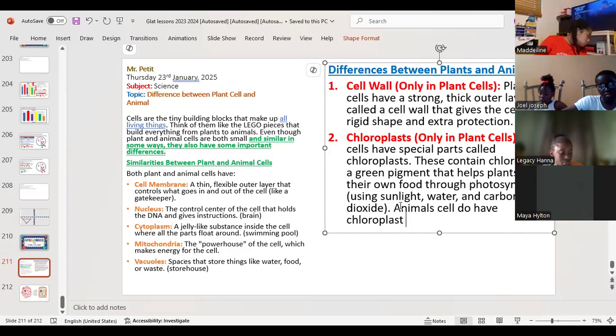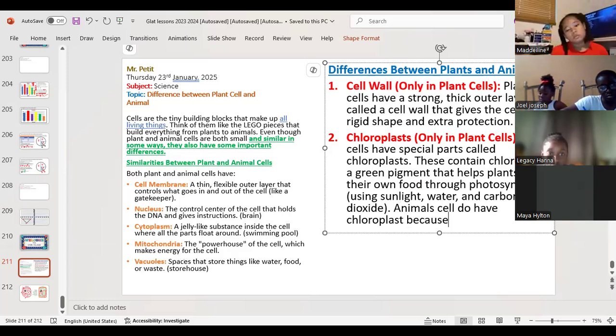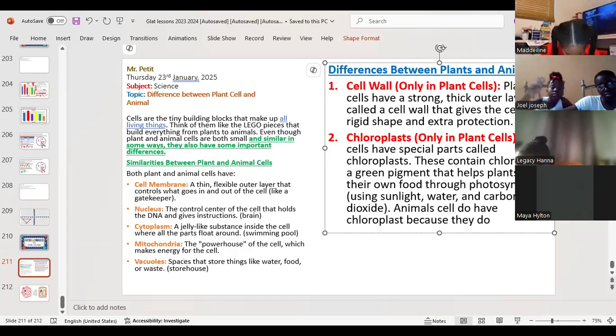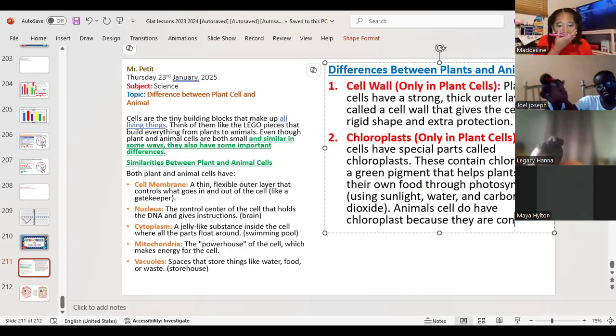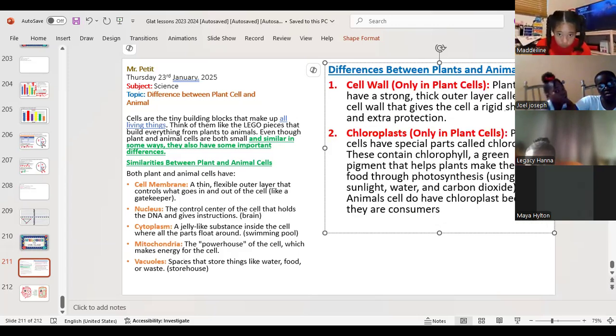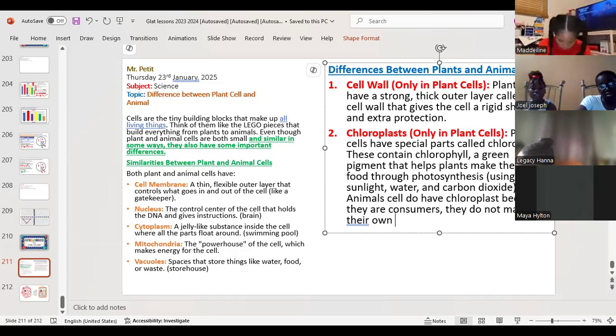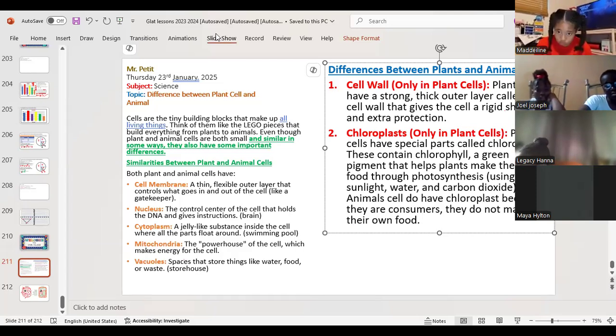Yes, animal cells do not have chloroplasts, and plant cells have to make food. Very good, because animal cells are what? Consumers, right? They do not make their own what? Food. Yeah, they don't make their own food.